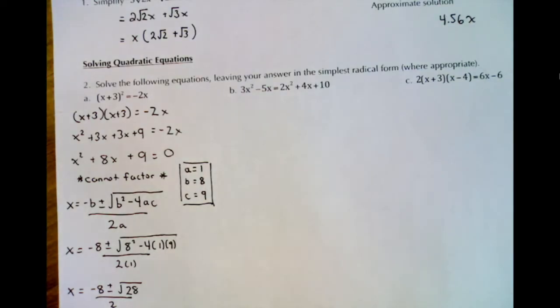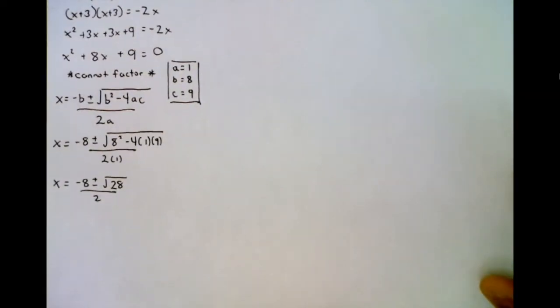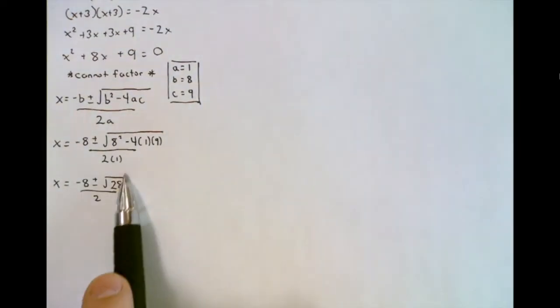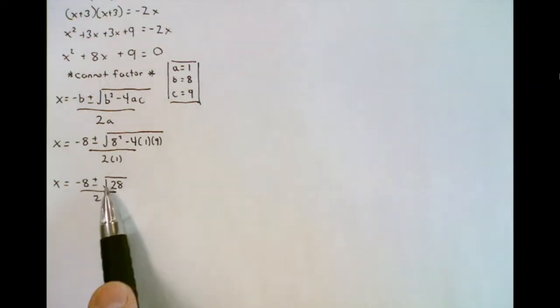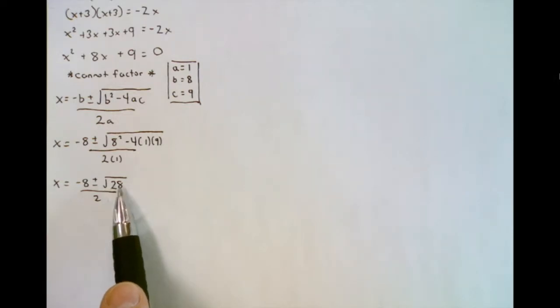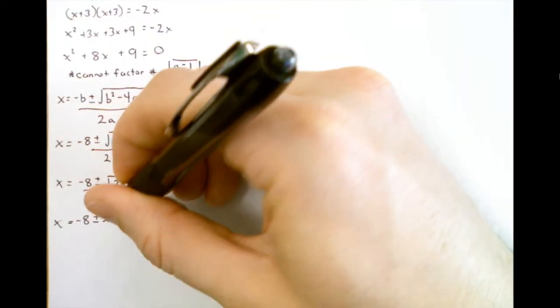And now we look to simplify that root as best possible, and to do that, we look to see if we can simplify the radical. Well, we can simplify that radical. 28 could be simplified to 4 times 7, and you can square root 4, you get 2. So we can simplify this to 2 root 7.